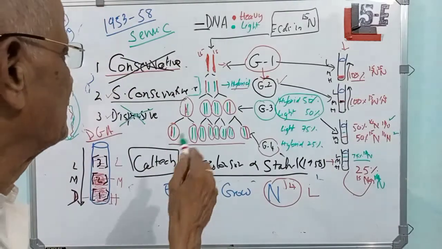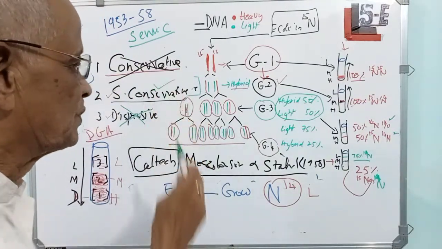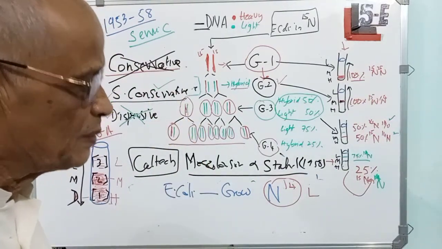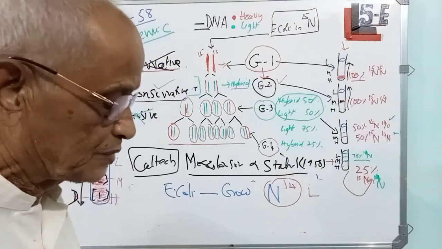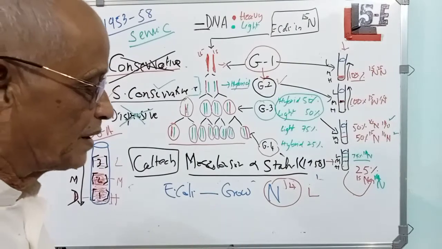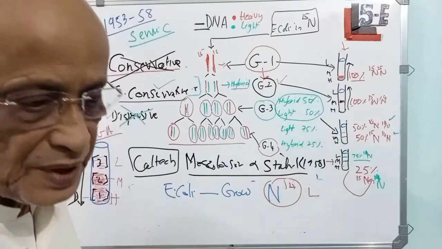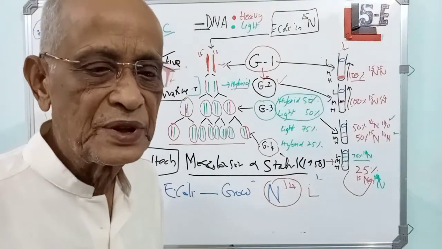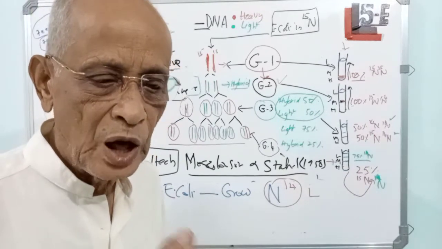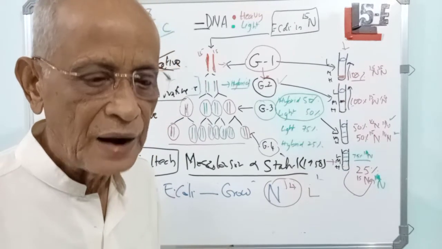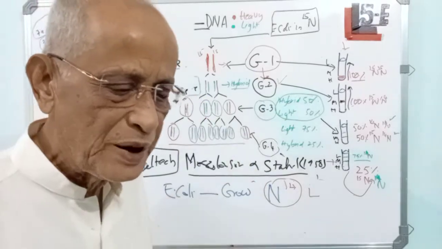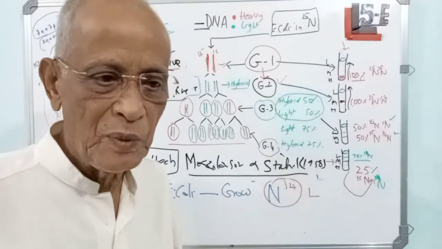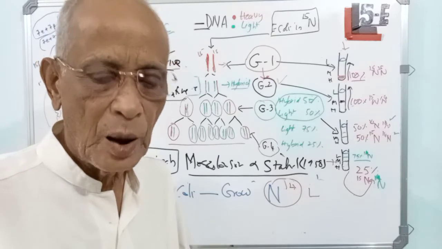That clearly indicated it is the semi-conservative type. So ultimately they came to the conclusion that the semi-conservative technique suggested by Watson and Crick is the universal type of DNA replication in almost all eukaryotes, and they proved that the conservative model and the dispersive model are not correct.